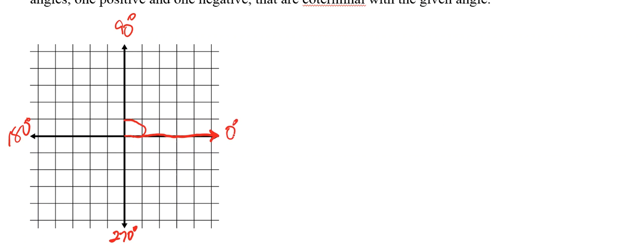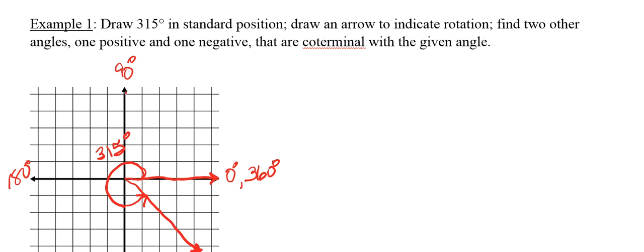Now if I stay there and I don't ever move, it's 0. But if I go all the way around, it's 360. So I know my angle, 315, is somewhere between 270 and 360, and in fact it's halfway between, so it's going to end approximately here. So that red arrow is my angle of 315.